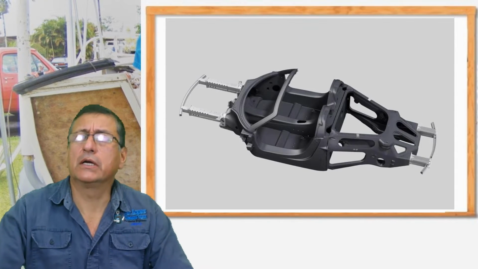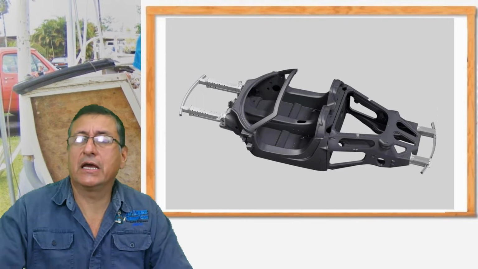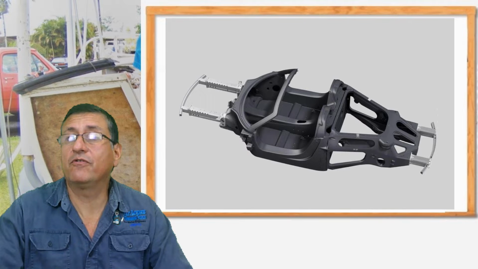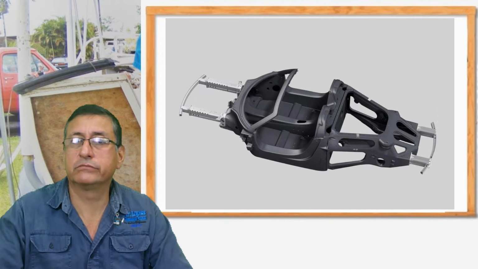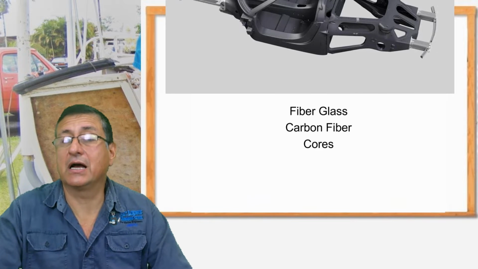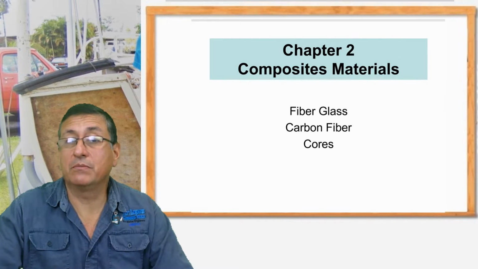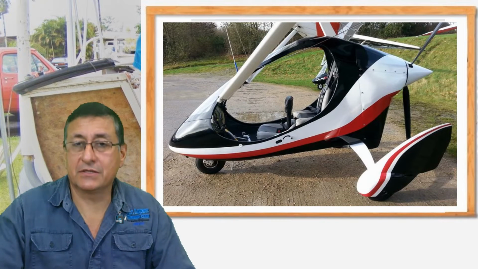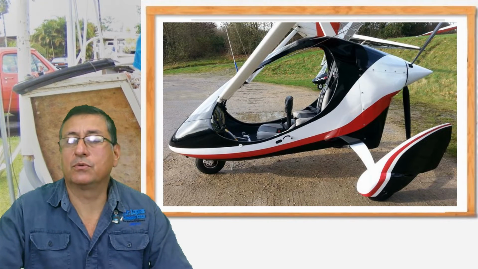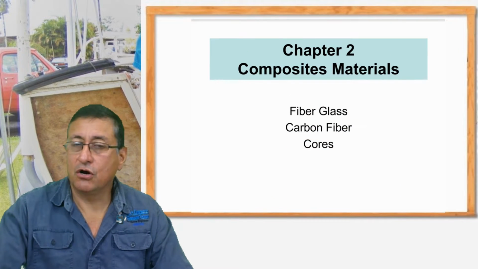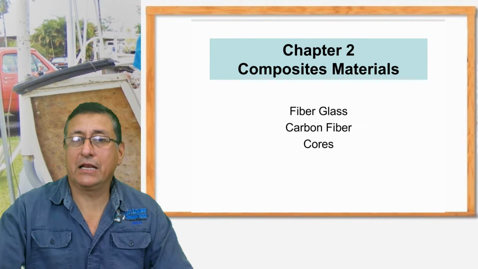A lot of manufacturers fabricate the chassis of the new cars in carbon fiber. Not only the chassis, the structure, but the body in fiberglass and carbon fiber. And the same with bicycles, with motorcycles, with airplanes. The structures today in carbon fiber and fiberglass replace the majority of the famous metal alloys.